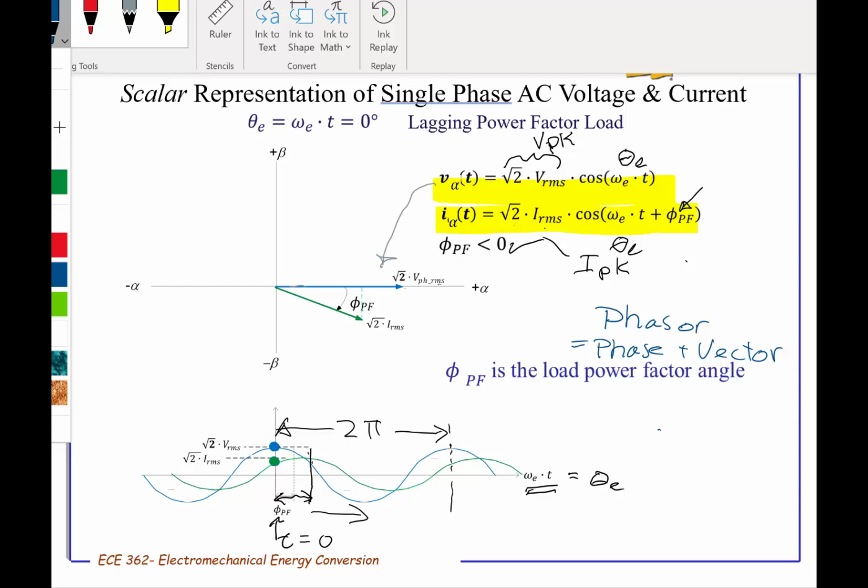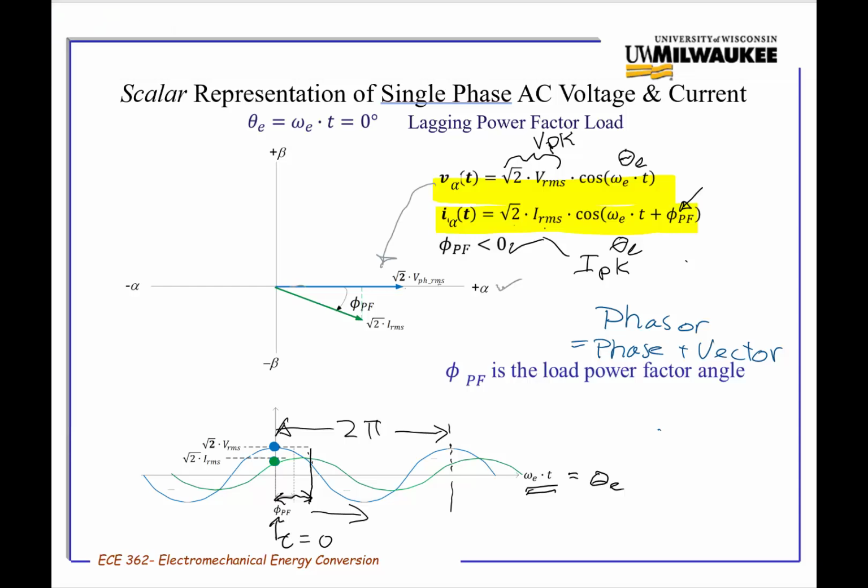These are the alpha axis, where everything to the right of the center point is a positive alpha, and to the left is a negative alpha. And a beta reference frame, where everything above the origin on the y-axis is plus beta, and everything below is negative beta. So I've superimposed those two axes on top of this.